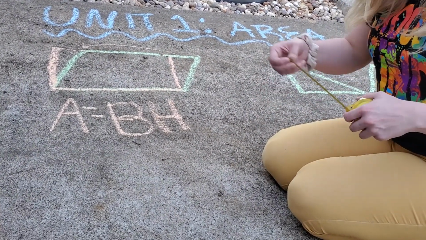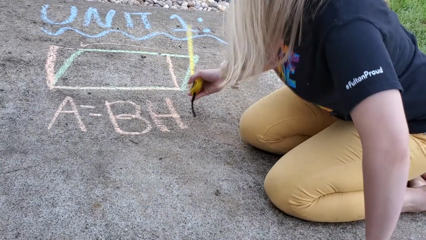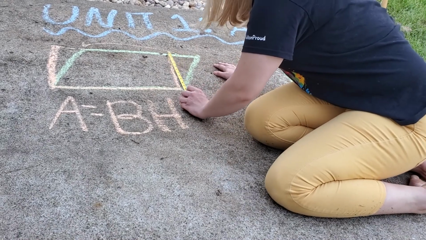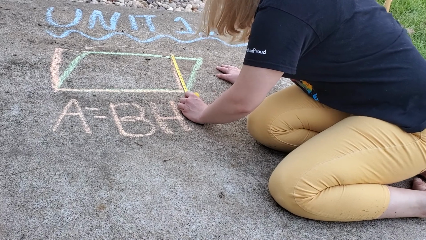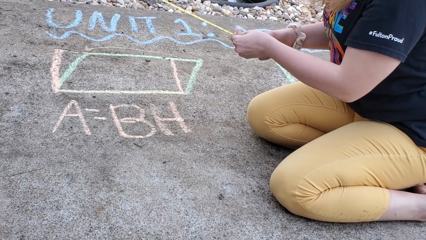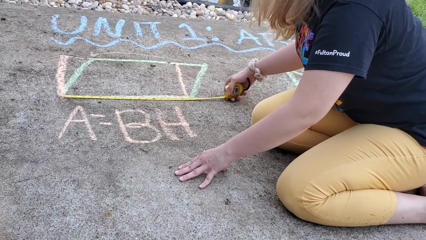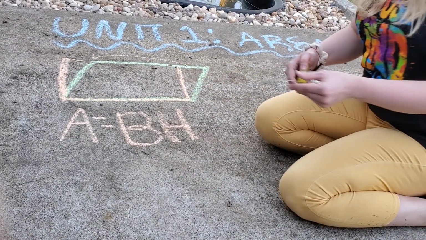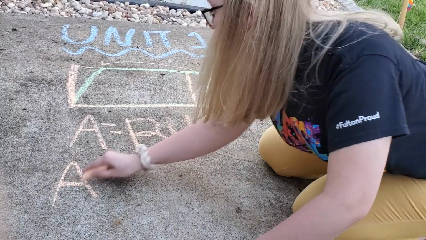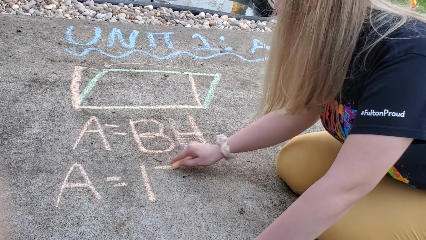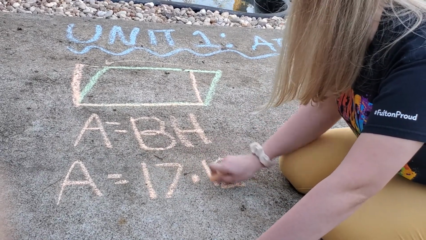You're going to take whatever handy-dandy measuring device you have. We're going to measure the height, and that is about 12 inches, and we're going to measure the base. Oh, and that's about 17. So our base is 17 times our height of 12.